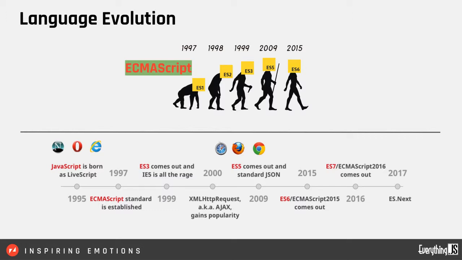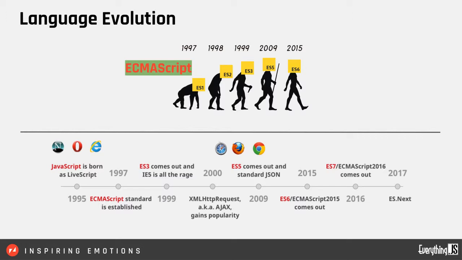So with that, in 1997, they went to ECMA International and they standardized it, and with that standardization, they came up with a thing called ECMAScript, which I explained earlier. So ECMAScript has all these rules and all the features related to the language, and they initially released it in 1997, and they didn't do much changes until 1999.